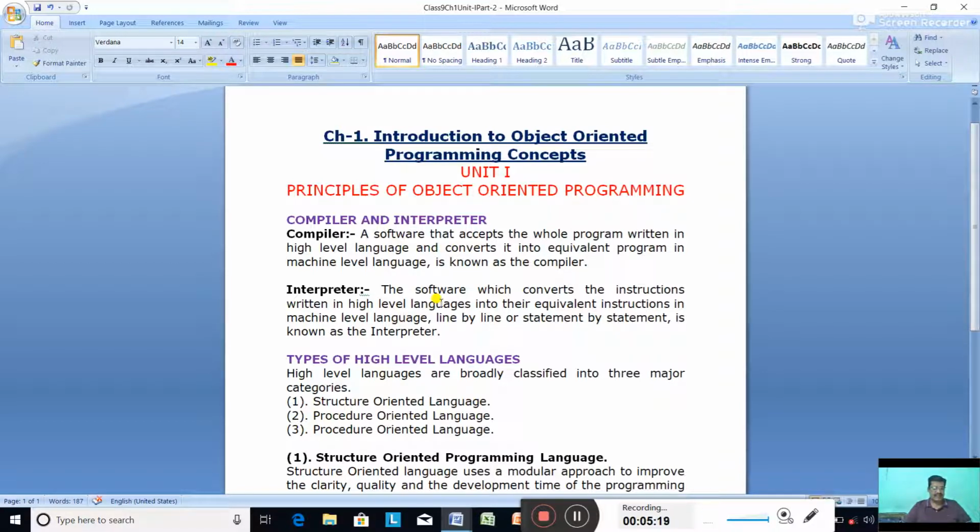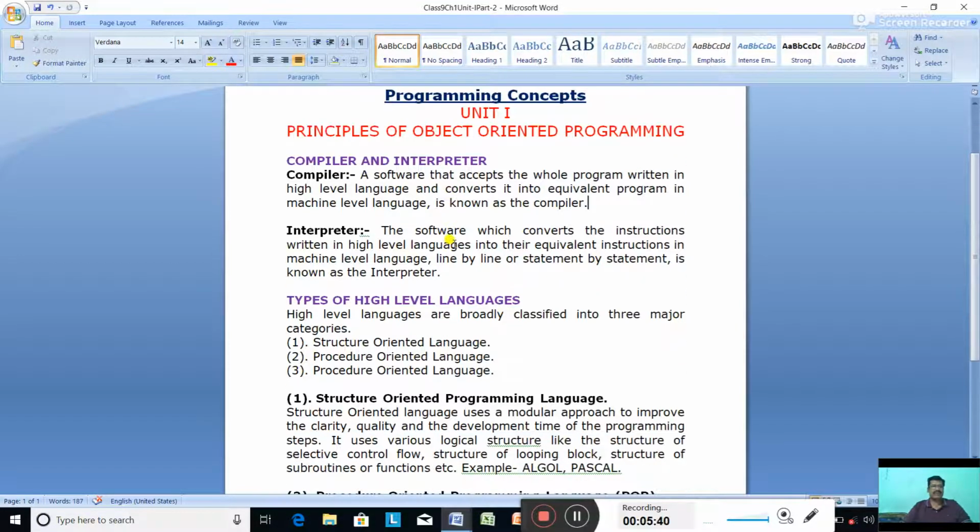On the other side, the interpreter displays the errors one line at a time and only after debugging that error. Debugging means correcting and removing the errors. Then the control goes to the next line. So this was about the language processors or translators, about compiler and interpreter.